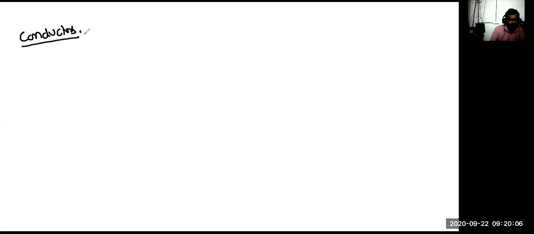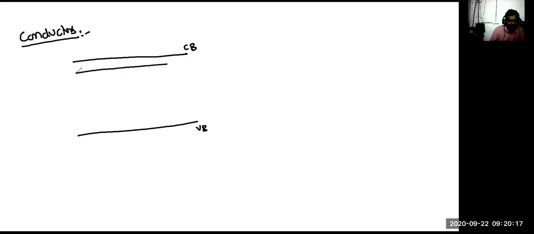For conductors, suppose this is the conduction band and this is the valence band. Here is the lowest level of the conduction band, and this is the highest level of the valence band.